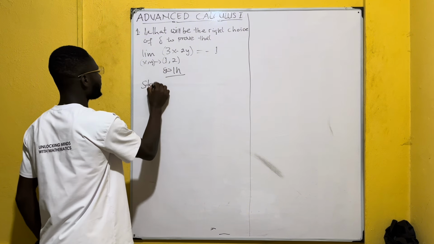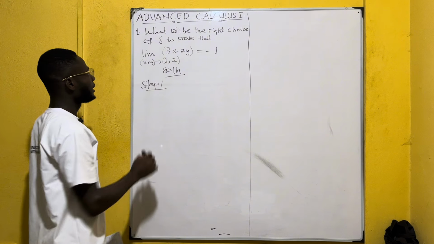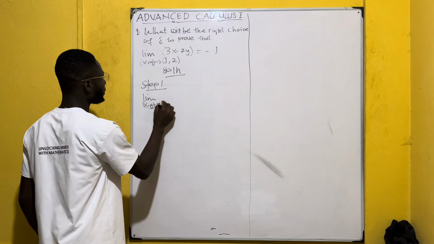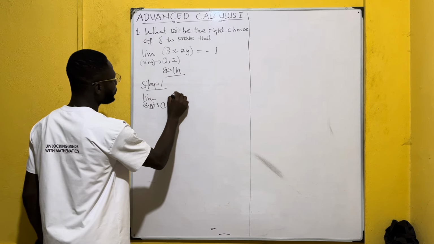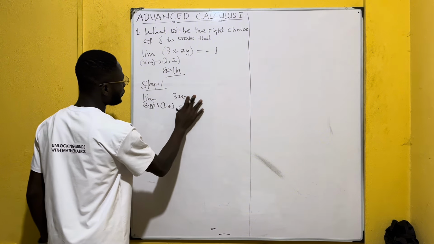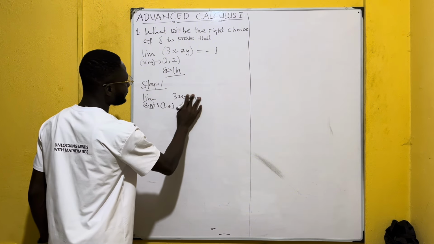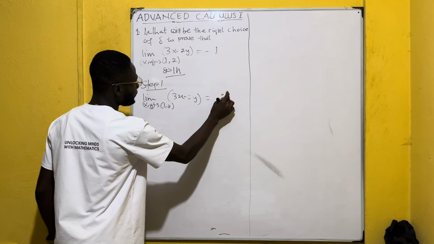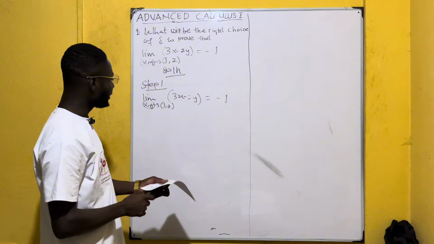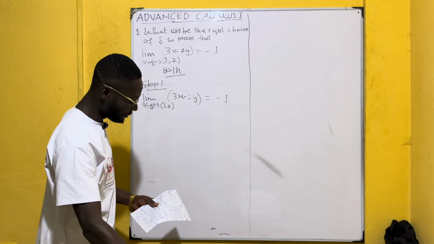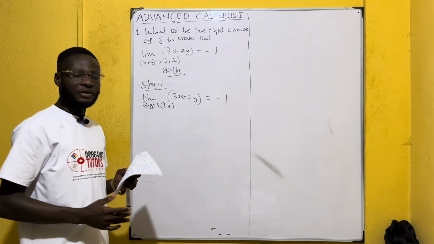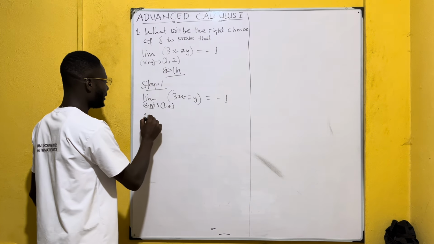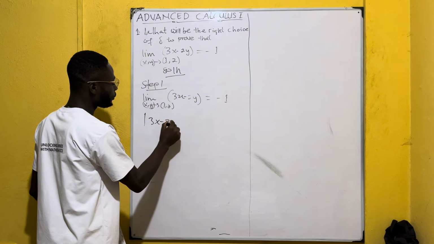So step one, let's write the limit down. The limit as (x, y) approaches (1, 2) of 3x minus 2y equals -1. This is the limit that we have been given. First of all, we have to rewrite the expression 3x minus 2y.